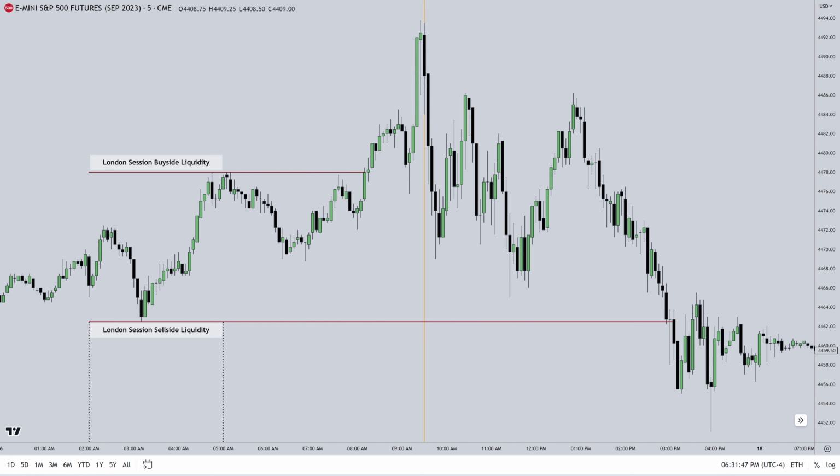Every small little liquidity above the marketplace or below the marketplace is irrelevant. When I say I'm looking for a draw on liquidity, I'm looking predominantly around the levels I'm teaching you today. So think about how many times I've called things on Twitter live and how many times they were wrong. What, 3 times maybe?